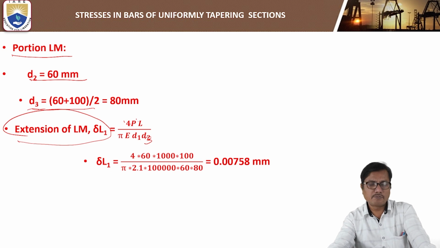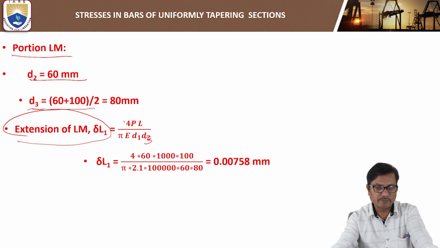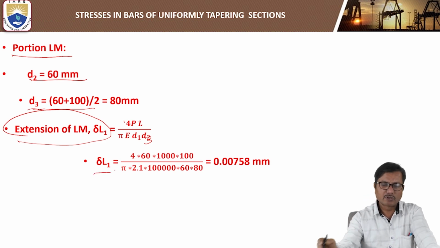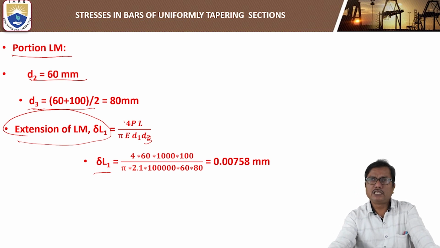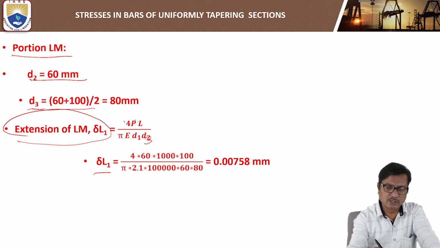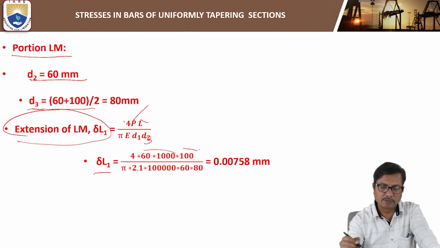So the extension of LM we can find out by using this expression, 4PL by pi E D1 D3, that is delta L1. Delta L1 is 4PL by pi E D1 D3. So what is the load here? 60 kilonewtons. Convert it into newtons, and L is 100 mm.